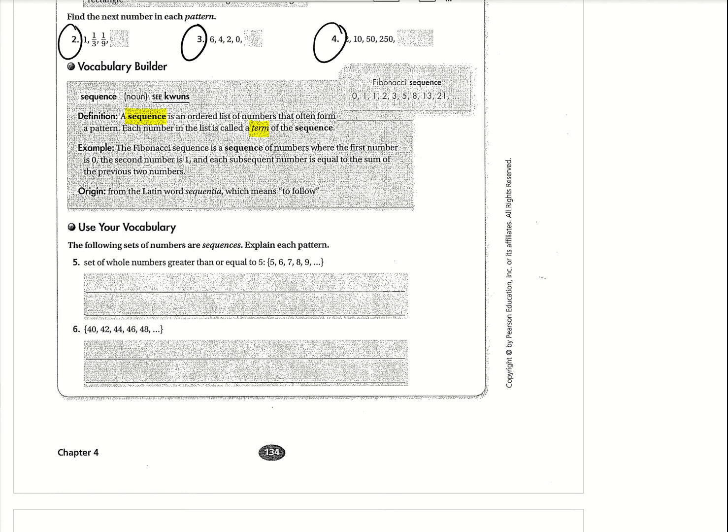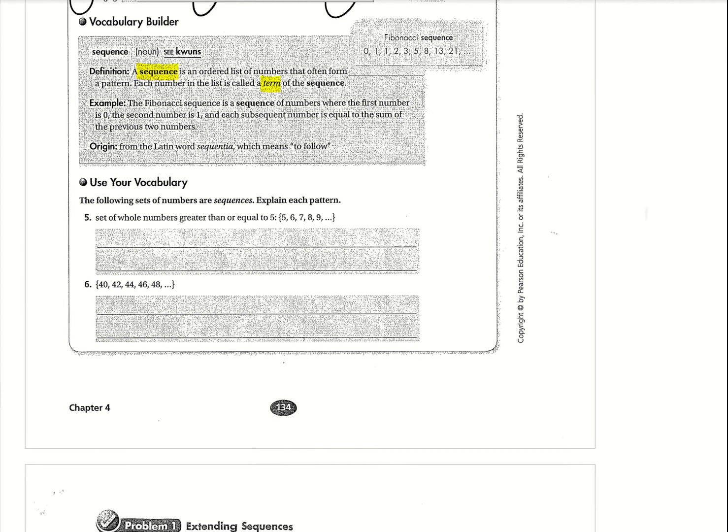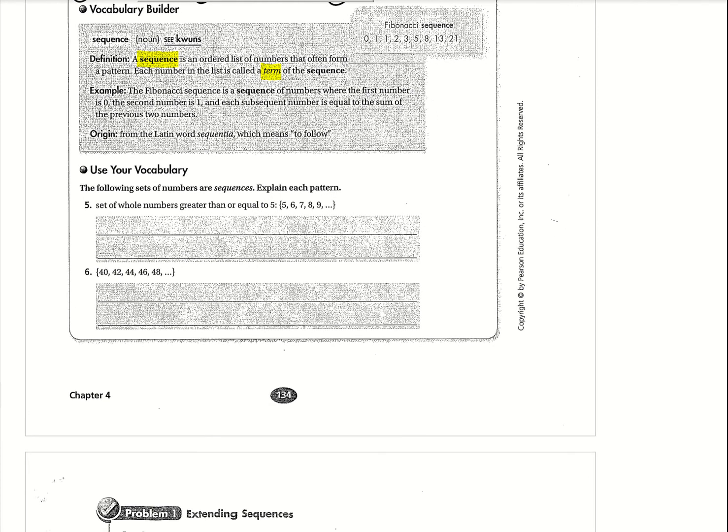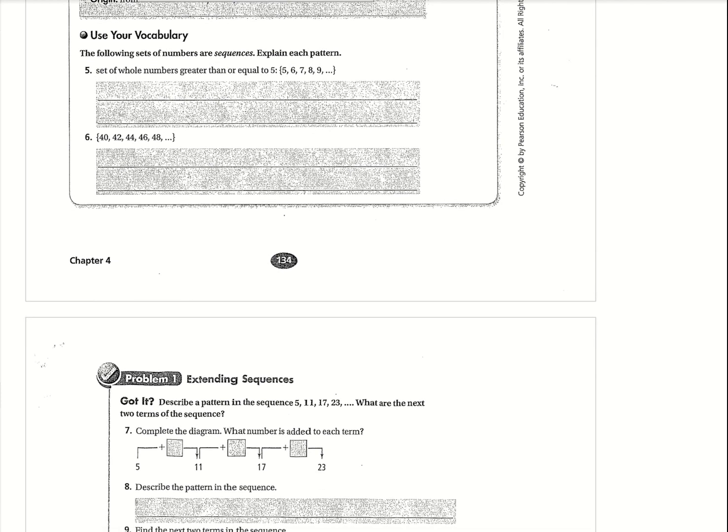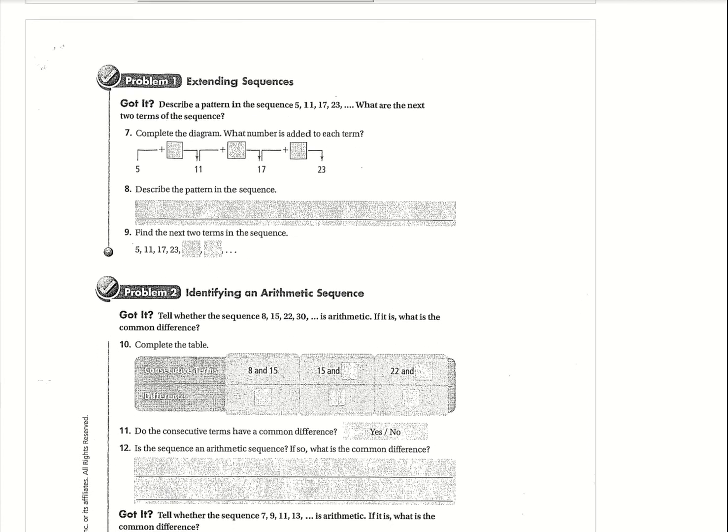That's just some terminology that you're going to see as we go along. That's basically what you needed to know about the vocabulary term sequence. Kind of cool, it originates from the Latin word sequentia, which means to follow, which makes sense because we're following a pattern here, right? So that's kind of what a sequence is.